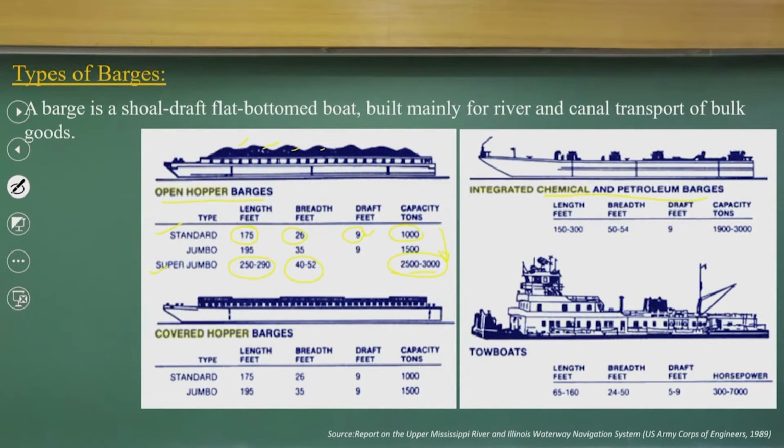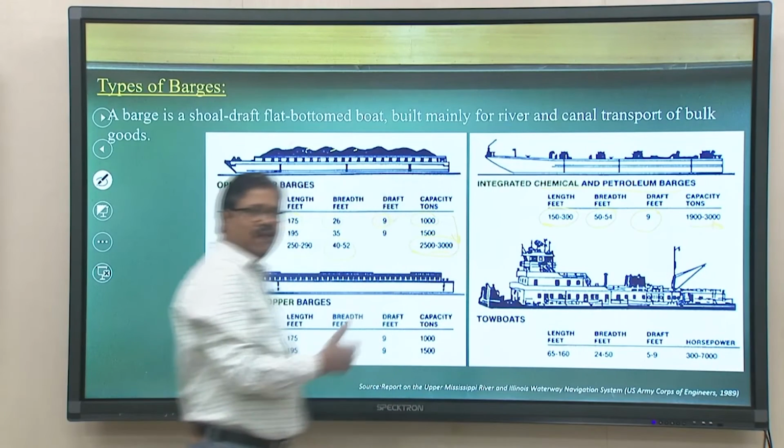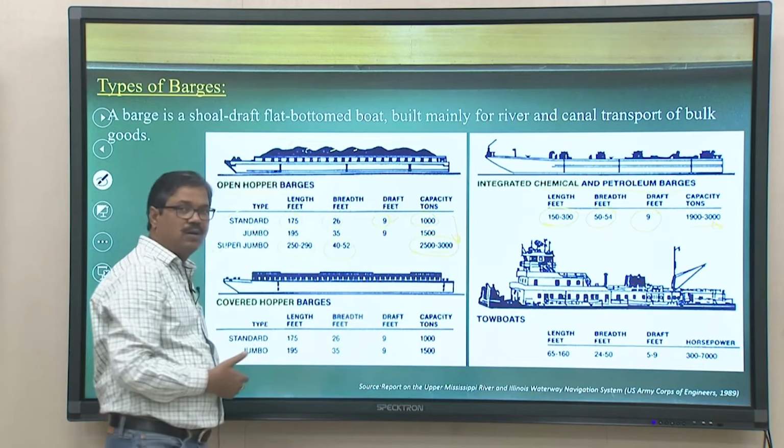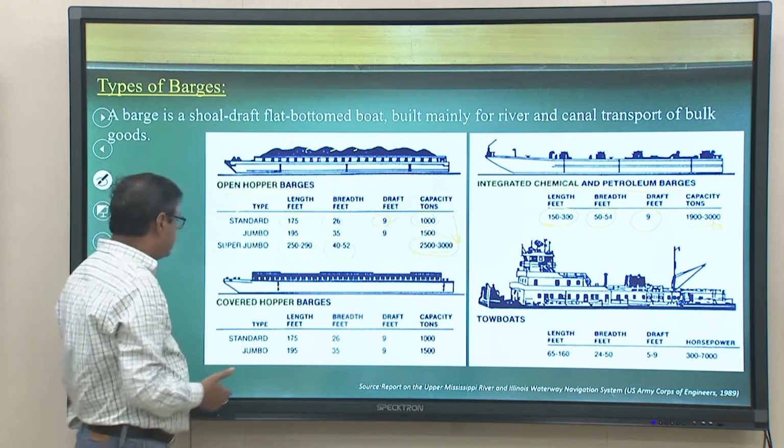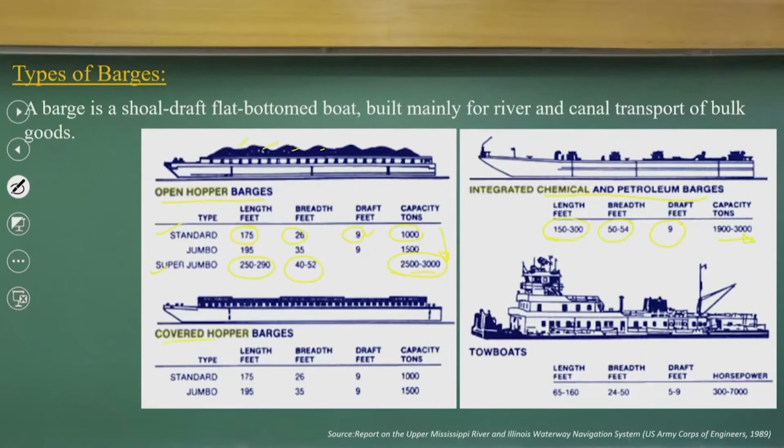The basic idea is to carry chemicals and petroleum products, with a length of 150 to 300 feet, a width of 50 feet, a draft of 9 feet, and a capacity that can vary from 1900 tons to 3000 tons. Same way, if you look at covered hopper barges, okay, the standard one is 175 feet long, 26 feet wide, with a draft of 9 feet, and it can carry thousands of tons.